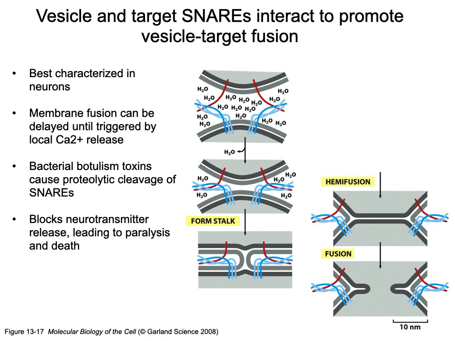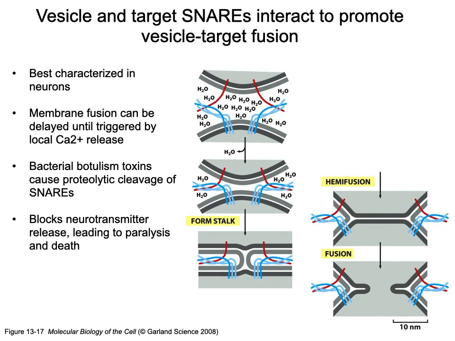So the phospholipid layer of the vesicle is going to fuse and form a stalk with the top layer, the extracellular layer of the plasma membrane, the target membrane.